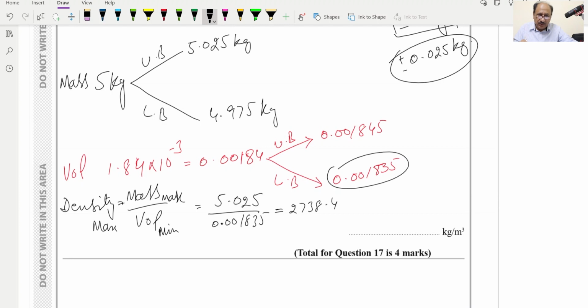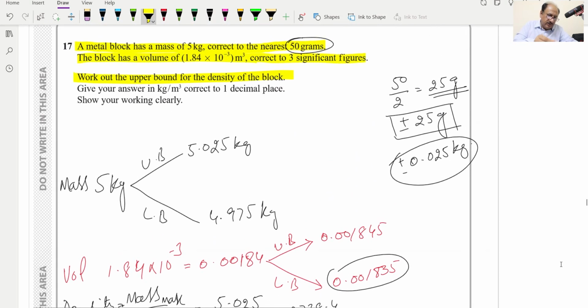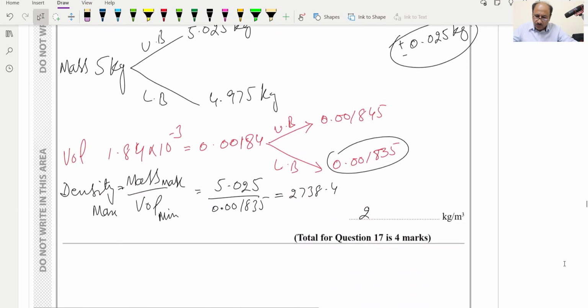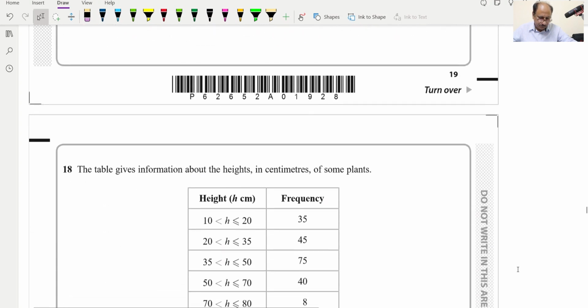This will be kilogram per meter cube. They are saying give your answer correct to 1 decimal place. Show your working clearly. So it will be 2738.4, 1 decimal place. This is a 4 mark question which we have done.